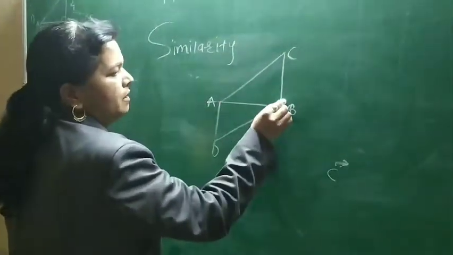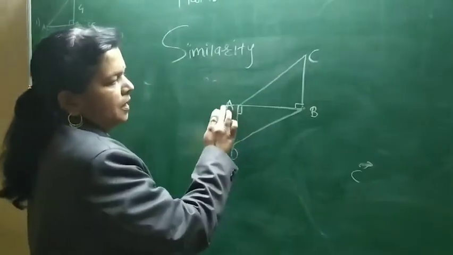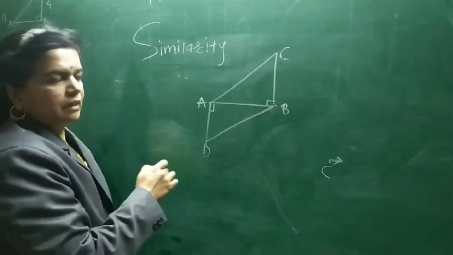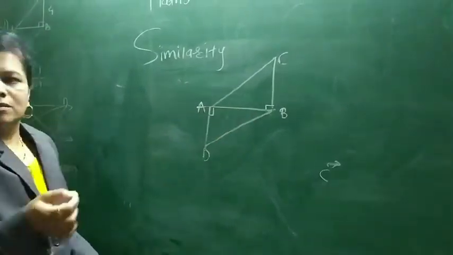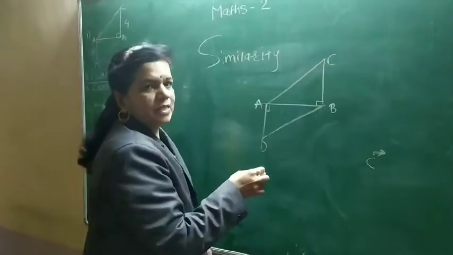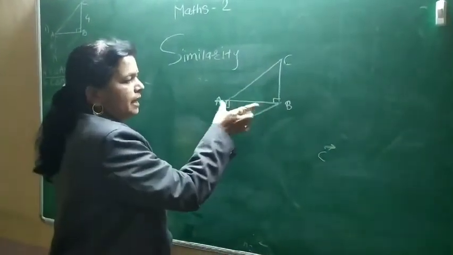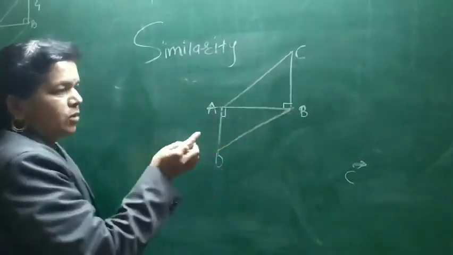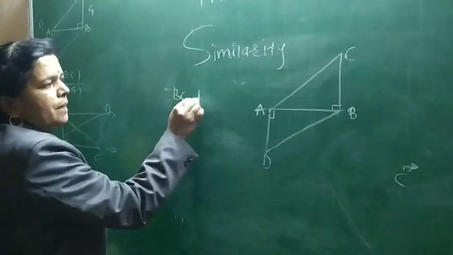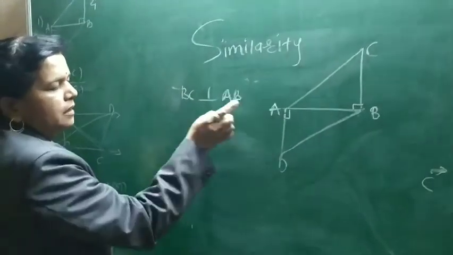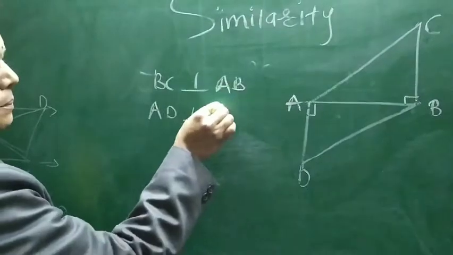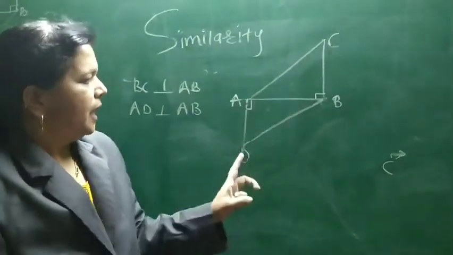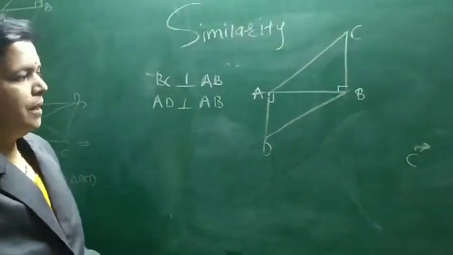ABC is the first triangle and BAD is the second triangle. Now consider what are the bases and what are the heights first. See that in ABC, AB is the base. What is given here? BC is perpendicular to AB and AD is perpendicular to AB. That means BC is the height of triangle ABC and AD is the height of triangle ABD.